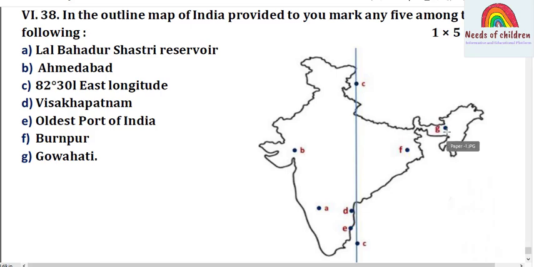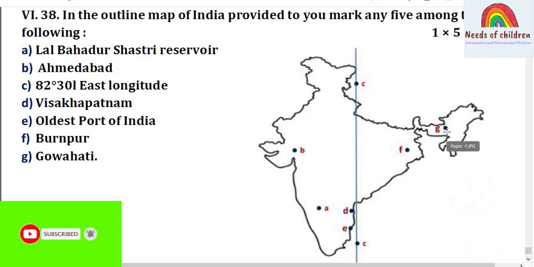Lal Bahadur Shastri Reservoir is from India water resources, so you need to concentrate on that lesson. Ahmedabad is from transport and communication, so you need to go through the places of transport and communication. 82.5 degree east longitude is from the first geography lesson, geographical position and physical features. Vishakhapatnam, the oldest port of India, and Guwahati are also from transport and communication.